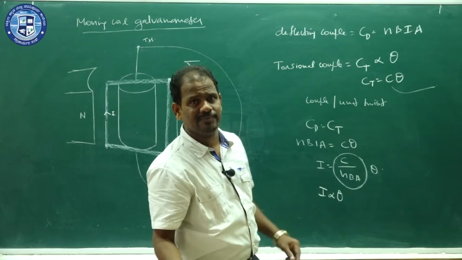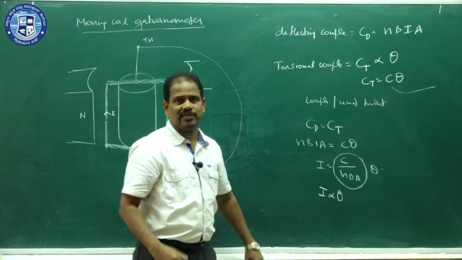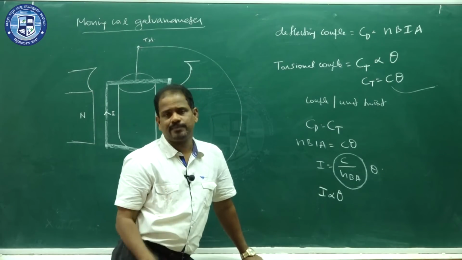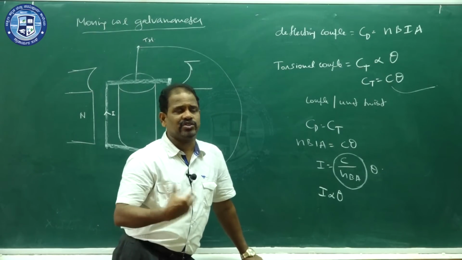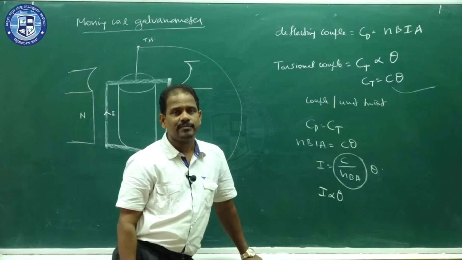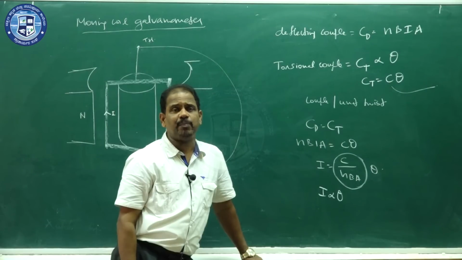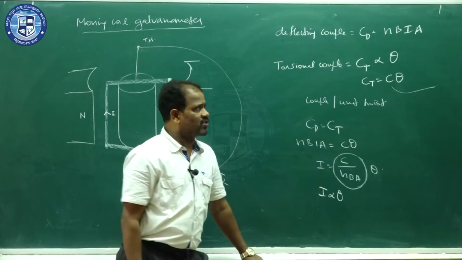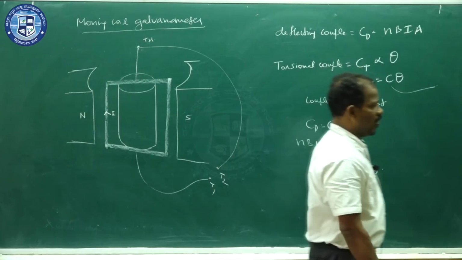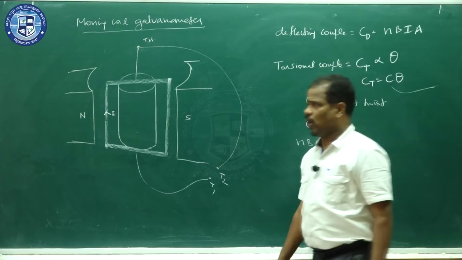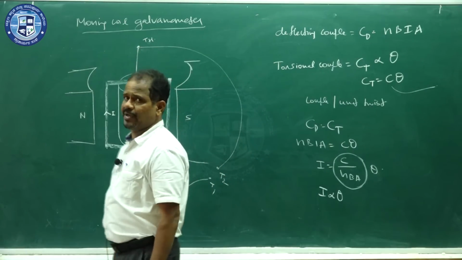They are proportional. And this is the principle behind the construction of a meter. The current you pass and the deflection produced are directly proportional. So this is called the moving coil galvanometer.